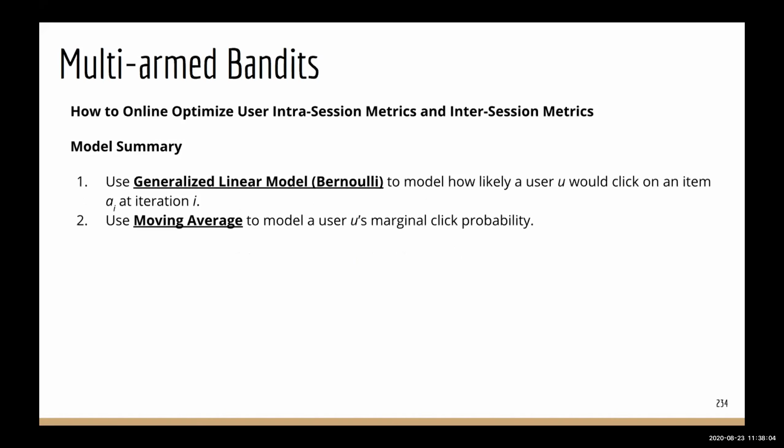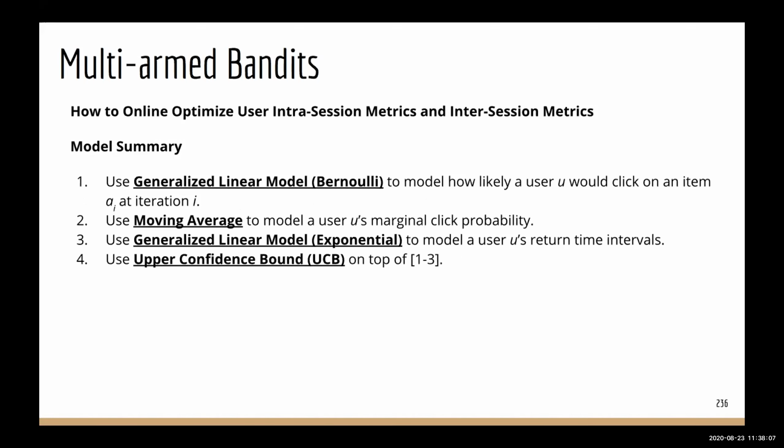Because of that, we can use two models: one to capture the immediate click behavior, and the other to capture how likely you are to return, which models your return time interval. For both models, we combine them and apply a multi-arm bandit strategy on top, which is upper confidence bound, or UCB. Because we have two models, we should be able to learn them, and both models are personalized, meaning the coefficients depend on individuals.